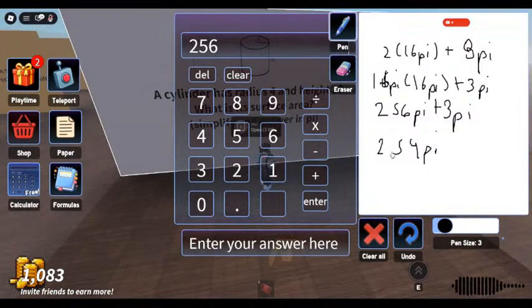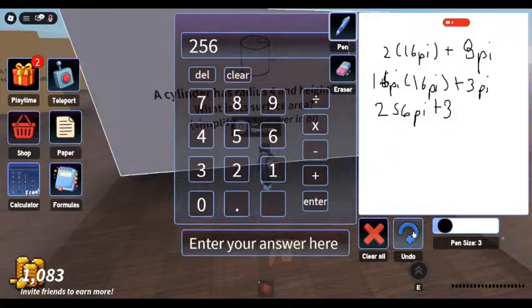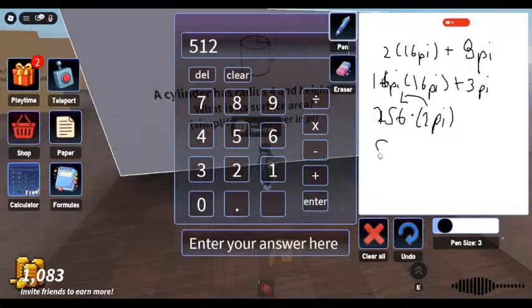Okay, I'm wrong somewhere. I think it's 2 pi. 256 times 2 pi, or I could just times 2 it, it is then 256 times 2 is 512.